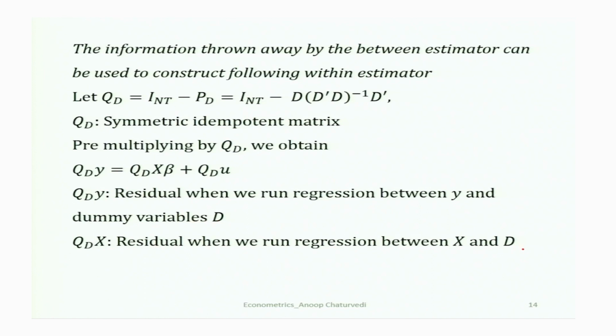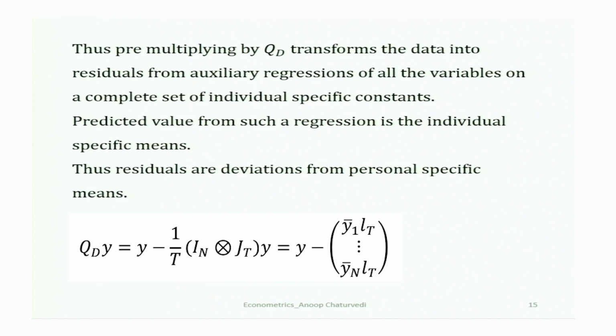So, basically, we are pre-multiplying y by Q d, we are pre-multiplying x by Q d, and then we are pre-multiplying u also by Q d. Thus, pre-multiplying by Q d transforms the data into residuals from auxiliary regressions of all the variables on a complete set of individual specific constants.